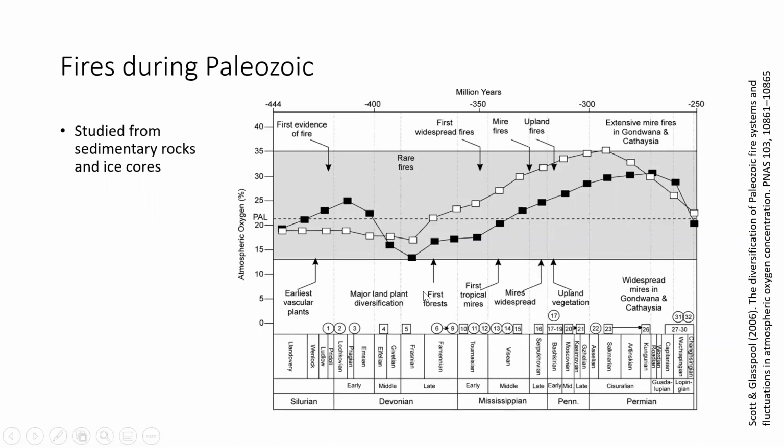Then there are the first forests, and tropical mires. Fires start to become more common with the forests, and while they were developing there were just more rare fires. But when there's more and more biomass to burn, there's also more fire activity around the globe.